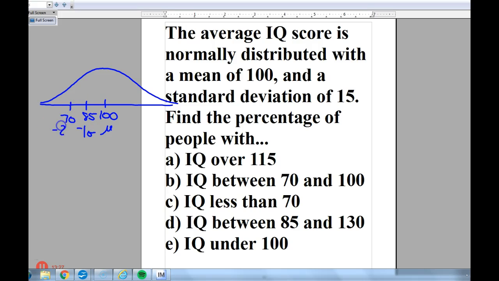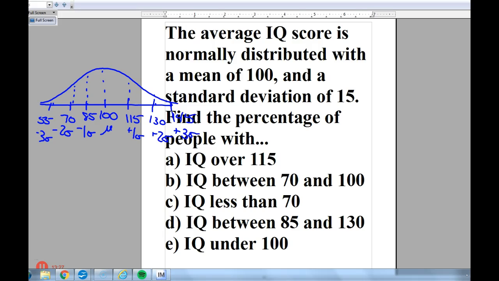Putting 70 there, that's minus 2 standard deviations. 55 is minus 3. They don't typically ask you to graph it, but I've seen it. And then if you really wanted to, you could draw those dotted lines and put the percents in for this specific problem and work it that way. It depends on what's easier for you, whether you want to draw it again every time or just look at this every time.